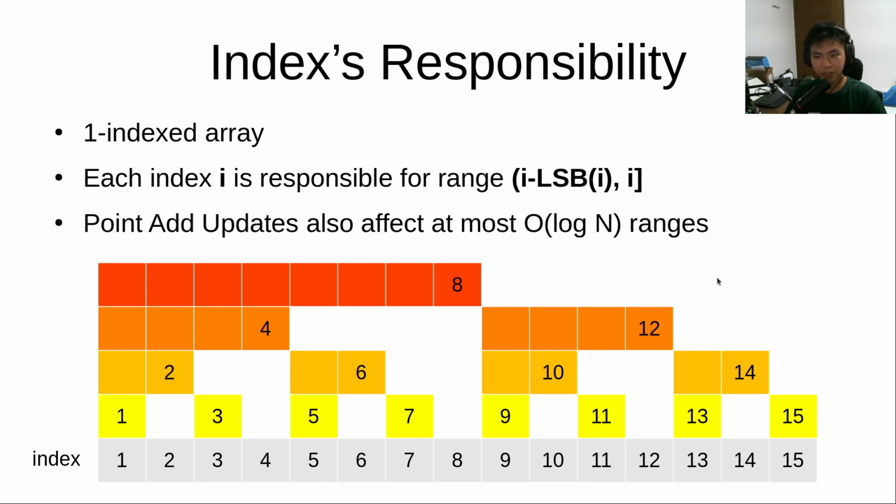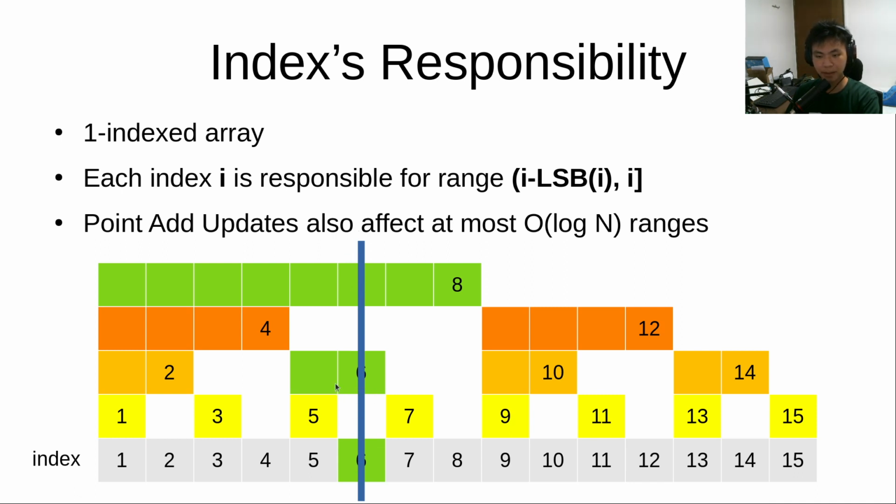But what about point updates? We want to update the elements in our Fenwick tree as well. For each element we want to update, we look at what ranges it affects. For example, if you want to update index 6, we draw a vertical line up and look at this diagram to see what ranges contain 6. What ranges does this line intersect?